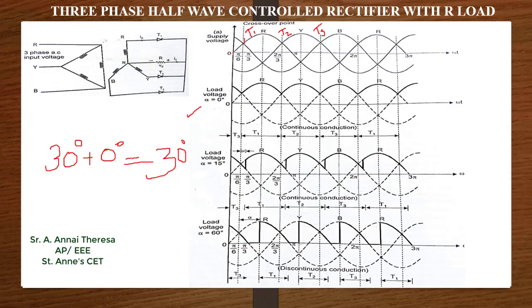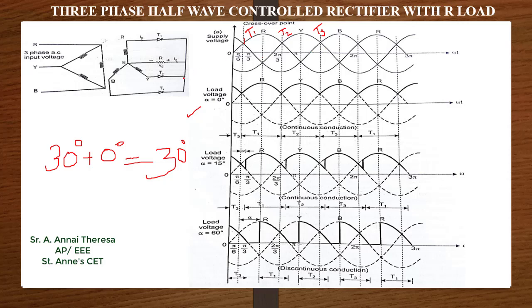The R phase started from 0 degree, then the Y phase starts from 120 degrees. This is the R phase, this is 90 degrees, this is 120 degrees. At this 120 degrees, the Y phase starts, then at 120 plus 120, that is 240 degrees, the B phase starts. I will explain in a separate video how to draw this.